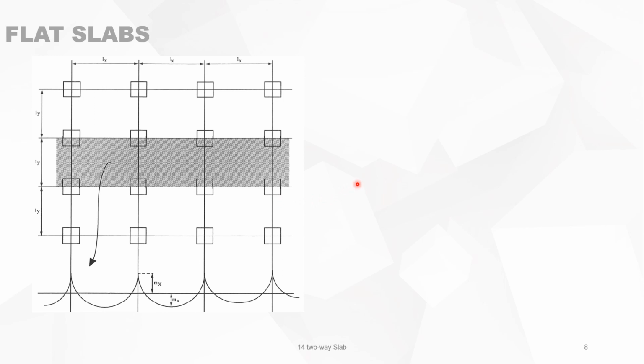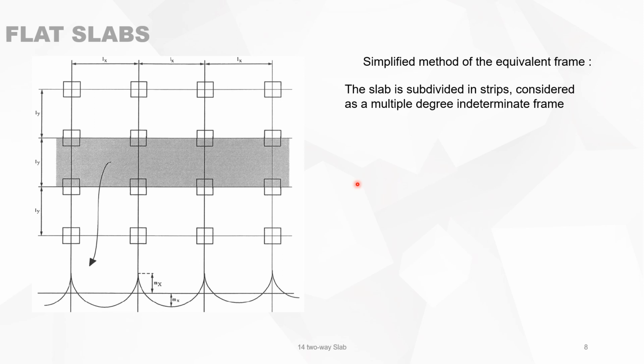To calculate floor slabs like that, you can use a simplified method of an equivalent frame. So when you have different levels, different stories, then you can subdivide the slab in strips over the column, like it's mentioned here.